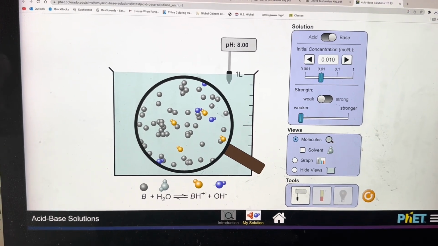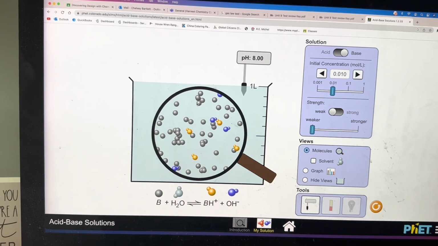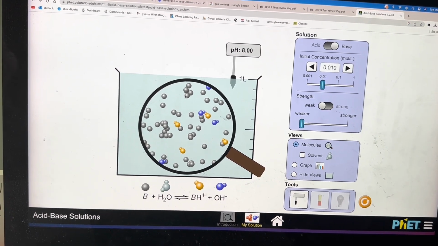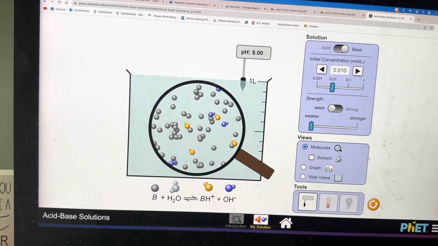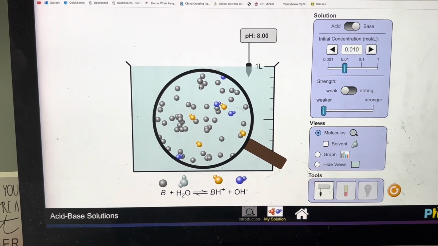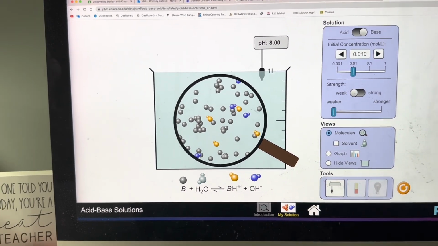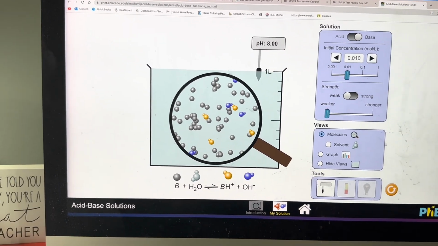And looking at that. So now, when acids and bases react, there's a pretty good prediction that we can do there.